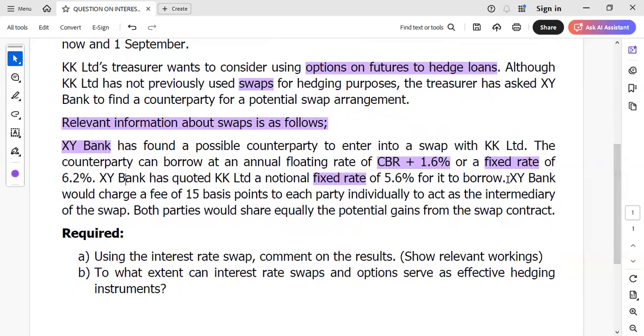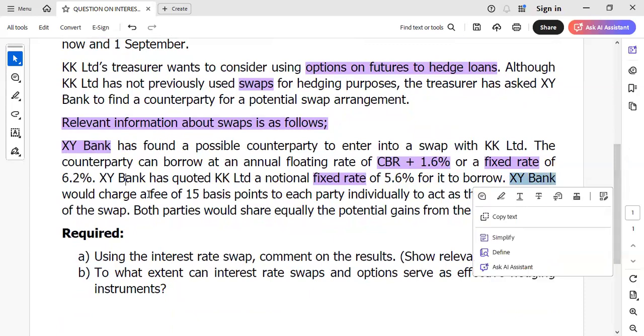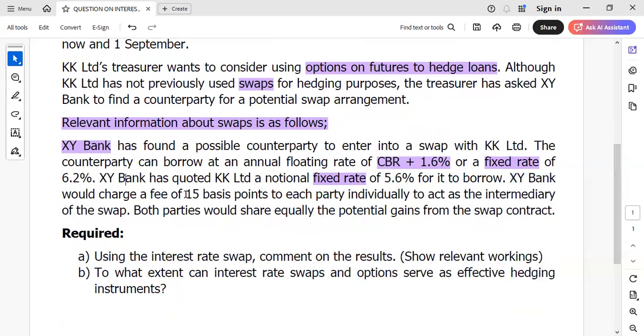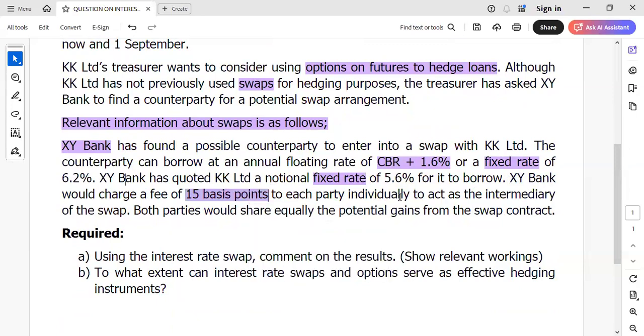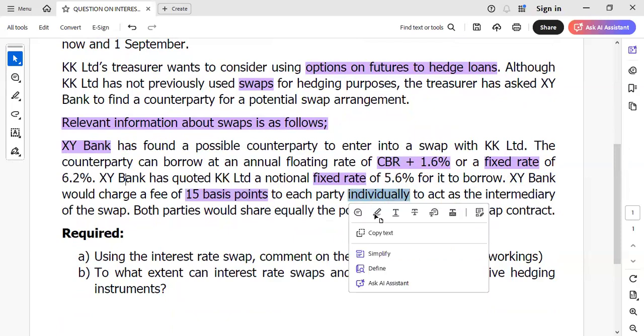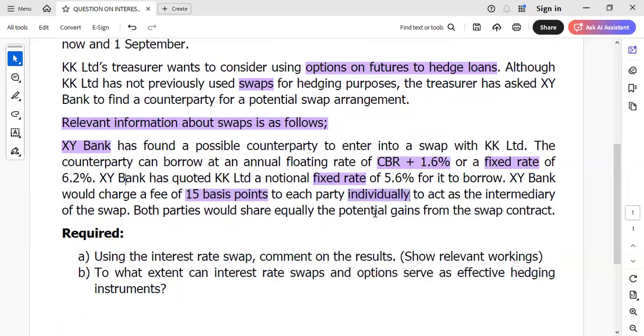Next, they are telling us that XY Bank, our intermediary, would charge a fee of 15 basis points to each party individually. So each party will be charged 15 basis points to act as the intermediary of the swap.